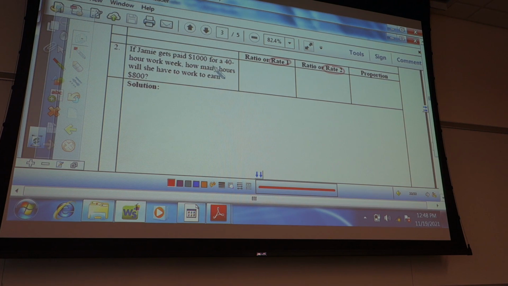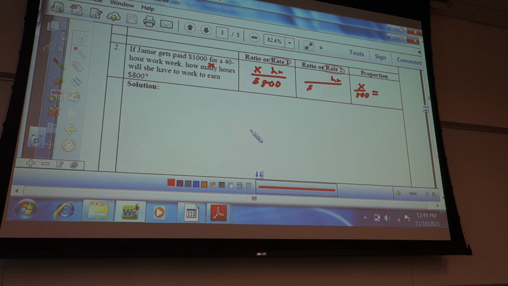How many? That's my X. So I'm going to have X hours over $800. I would do that one first and then make the other match up so you have hours over dollars here. Then you can just set them equal to each other. Right? X over 800 equals whatever the other pieces are. And then solve it.